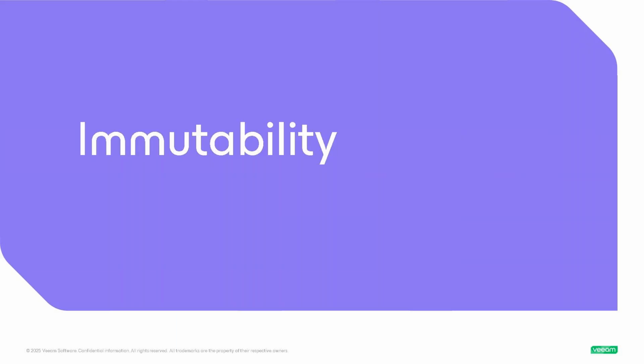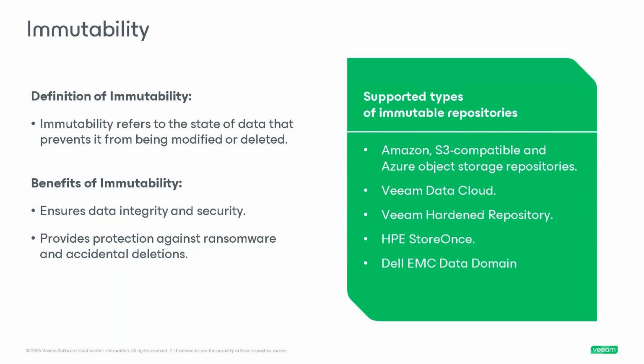So immutability in the context of data storage is essentially a data property that prevents it from being altered, deleted, or tampered with once it has been written, for a certain amount of days that you can define. So Veeam integrates with various types of storage to achieve that, and we will discuss that.